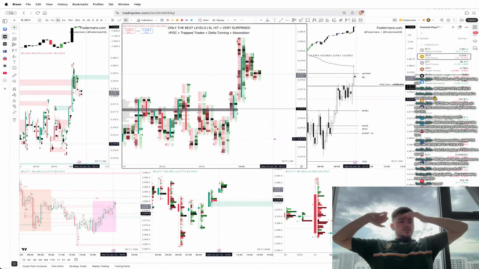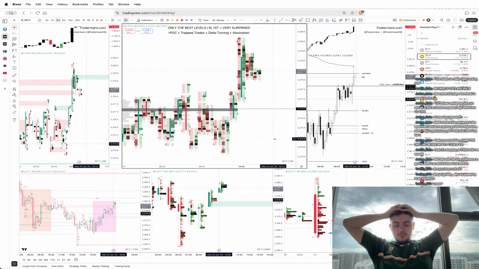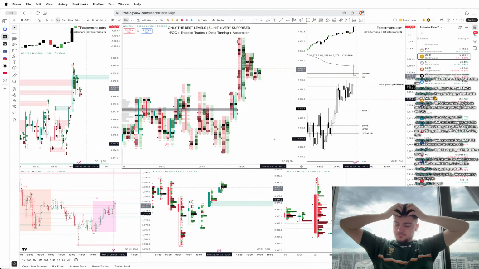Guys, you probably could have taken a scalp off that VWAP if that was in your plan. Not mine. I wouldn't really be looking to take a trade off that.